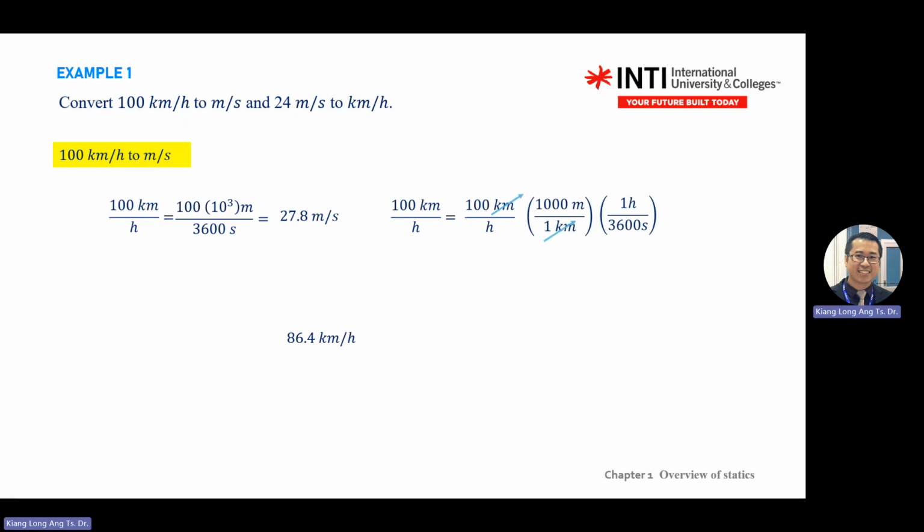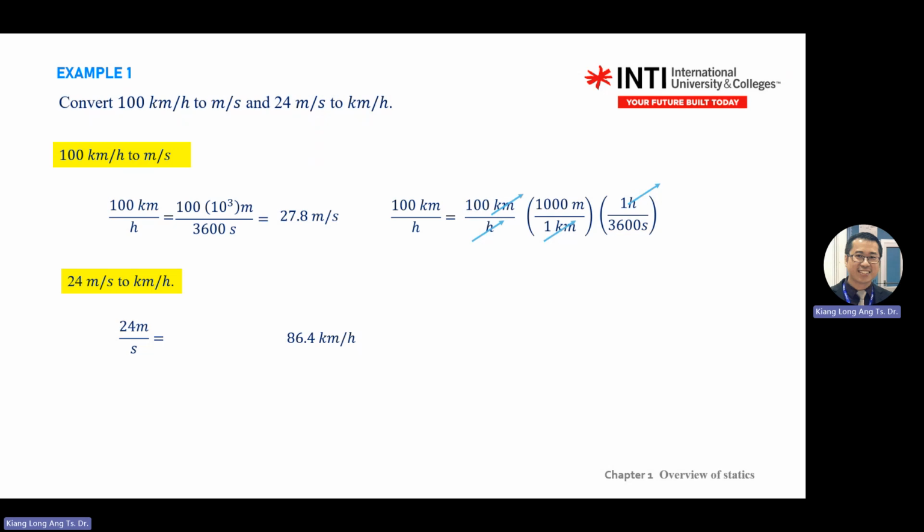Okay, then you cancel the unit. At the end, you arrive at meter per second. It depends which one you're familiar with. I will propose the first method, but this is a textbook method, if you want to know the long way. Okay.